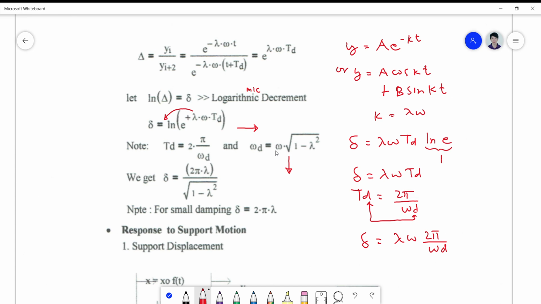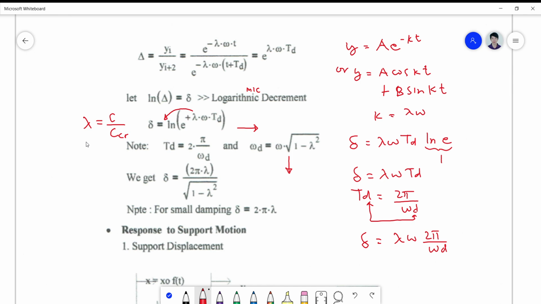But we now insert another formula for omega d. The damped frequency is simply the natural frequency multiplied by the square root of 1 minus lambda squared. Take note that lambda is actually the ratio of the damping coefficient to the critical value, C over Cr.